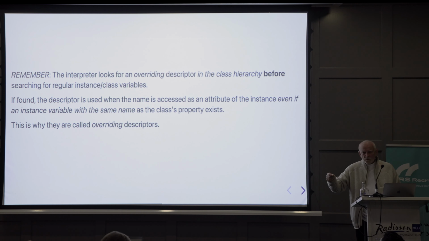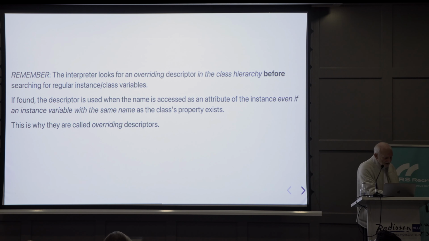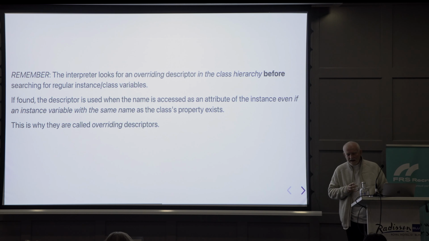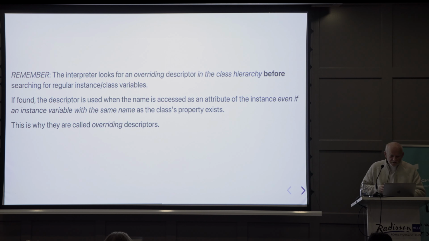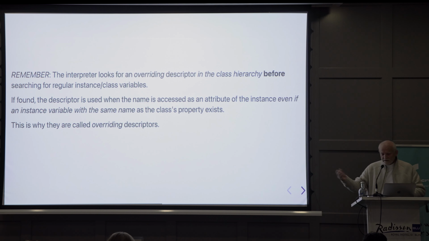So when I opened the talk, I described what's usually given to beginners as the way Python works, as the way it resolves names. But the reason that descriptors with a set are now called overriding descriptors is because they override the standard mechanism which existed until descriptors were introduced.